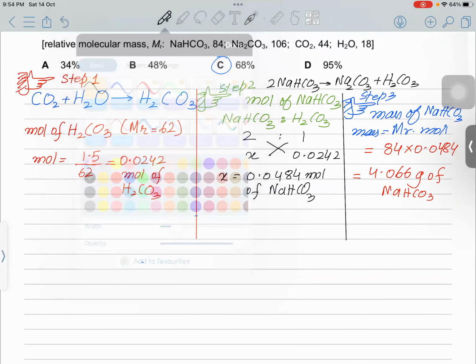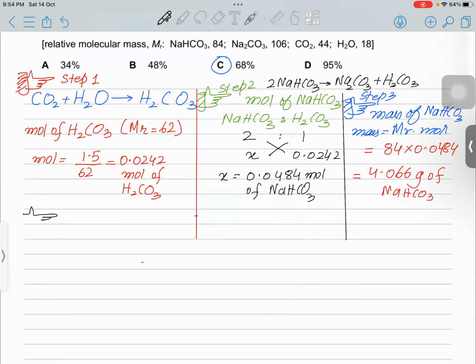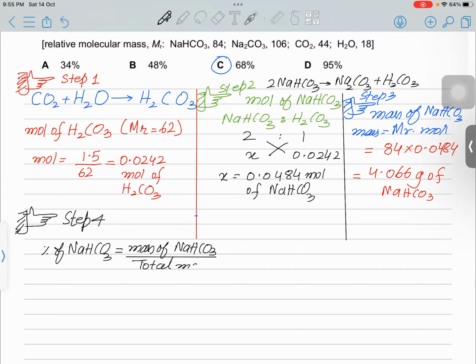Now next step is step 4. Percentage of NaHCO3 is equal to mass of NaHCO3 divided by total mass multiplied by 100.